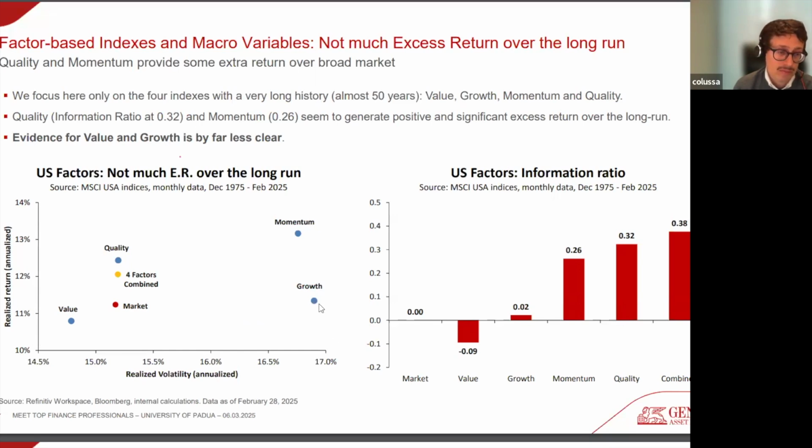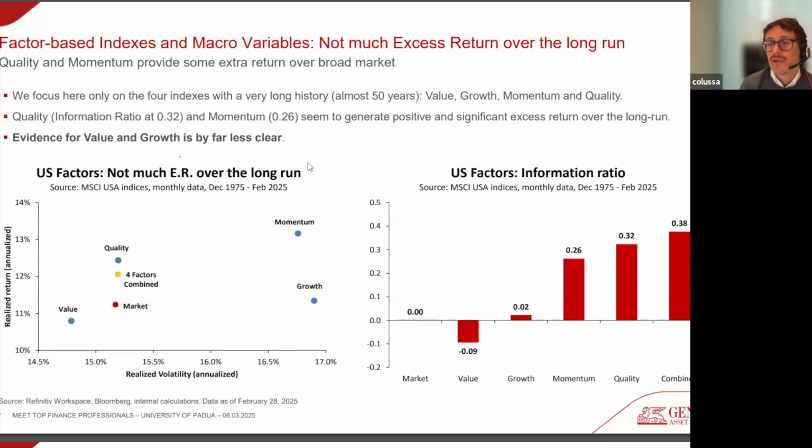For value, we have a lower return, a bit lower return, lower volatility. So it is definitely less clear to say that these factors are generating stable excess returns over the long run.